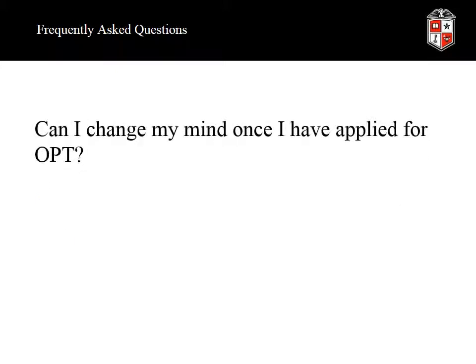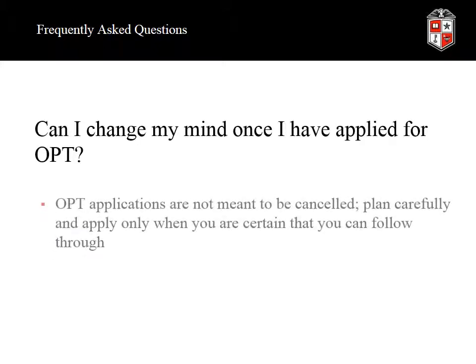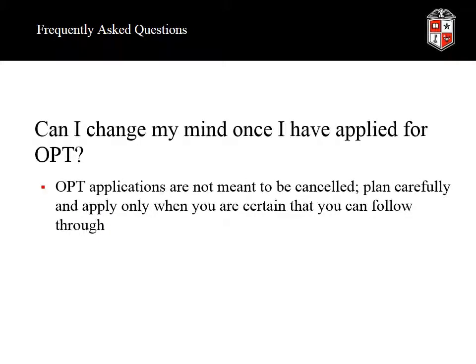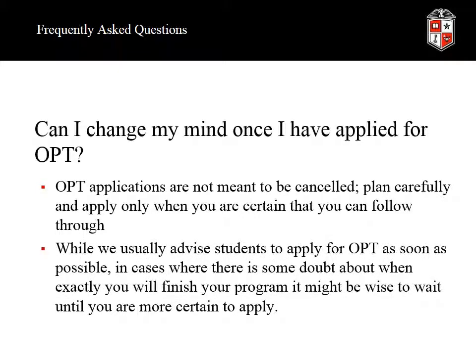Can I change my mind once I have applied for OPT? OPT applications are not meant to be canceled. So you need to plan very carefully and apply only when you are certain that you can follow through. While we usually advise students to apply for OPT as soon as possible, this is normally what we recommend.